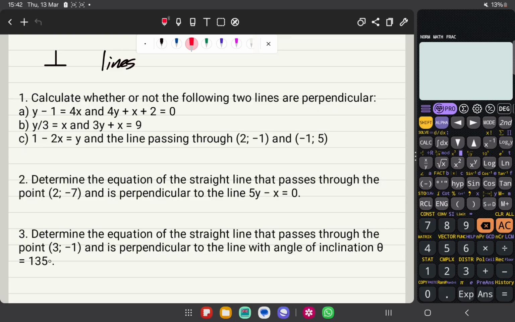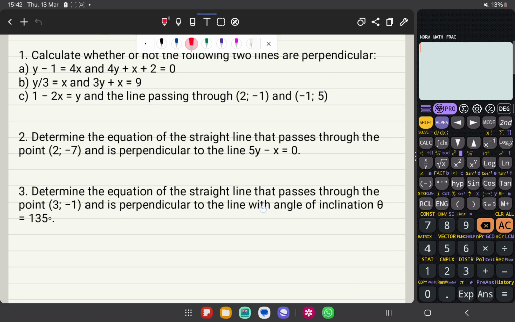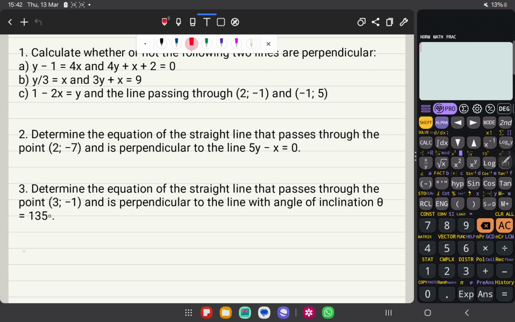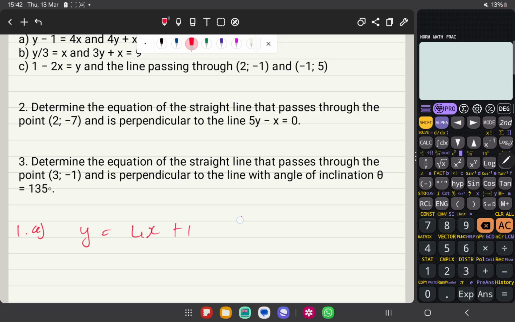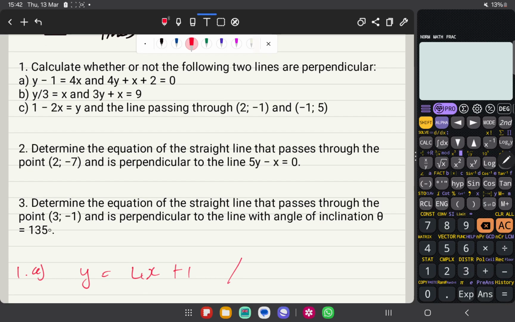Okay, calculate whether or not the following lines are perpendicular. So remember, for perpendicular lines, the product of your two gradients has to give you what? Minus 1. So let's go. The first one, 1a. You have y equals 4x plus 1, that's equation 1. Then equation 2: 4y equals minus x minus 2, right?